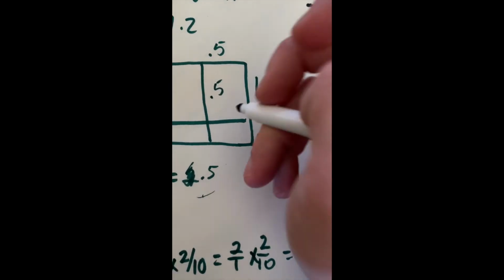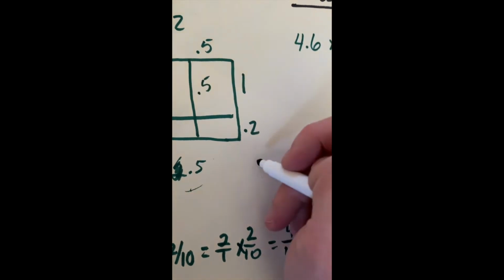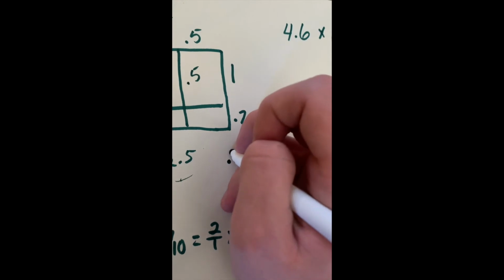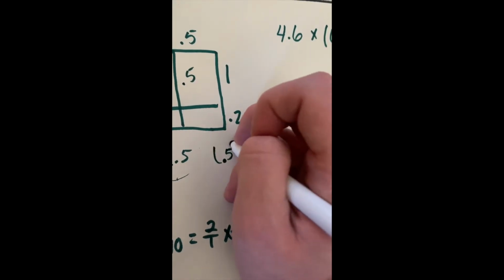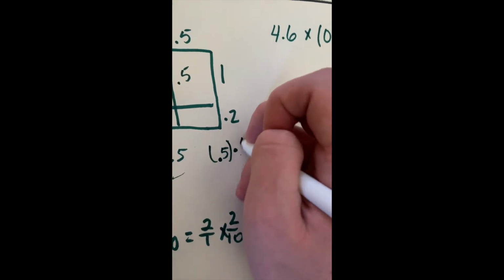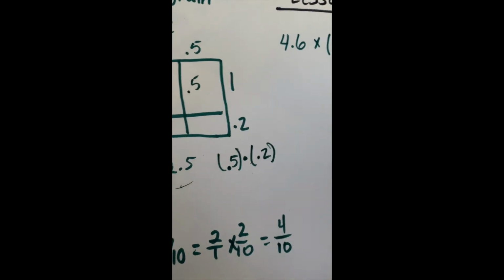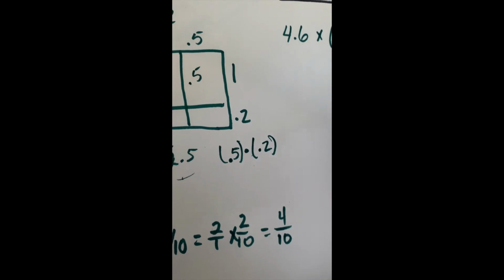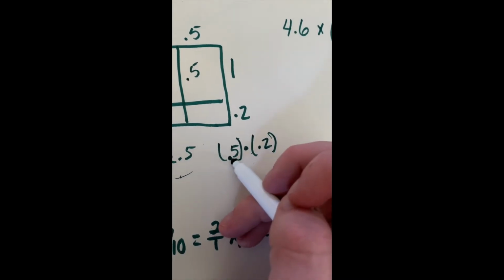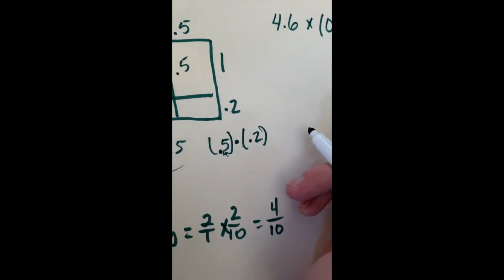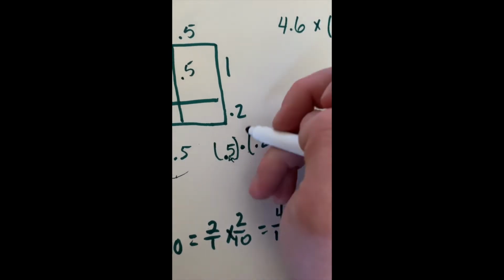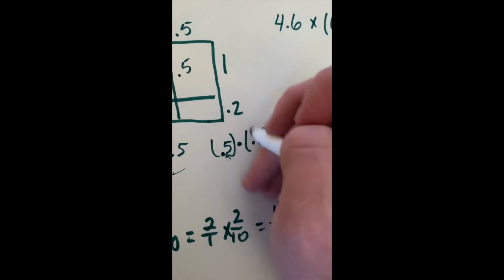Now we come to our last set of multiplications. So that'd be 0.5 times 0.2. If you want to, you can use one of the other methods that we've learned for multiplication. So we can bounce out these decimals and just do 5 times 2. Because if we remember, we can multiply both of these by 10 to make them whole numbers.